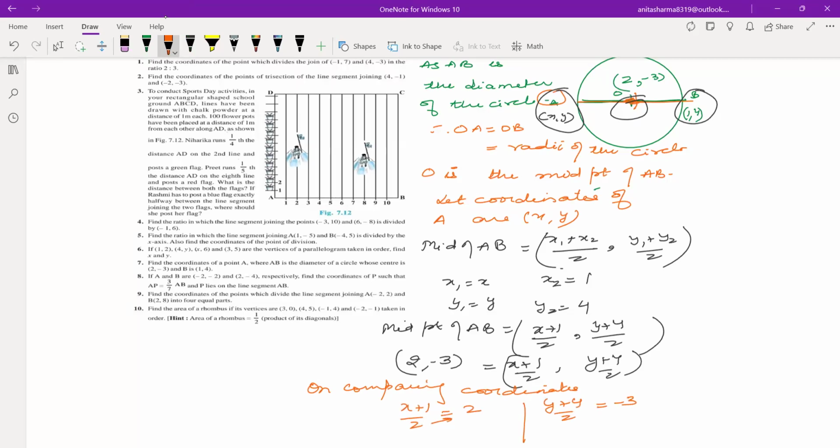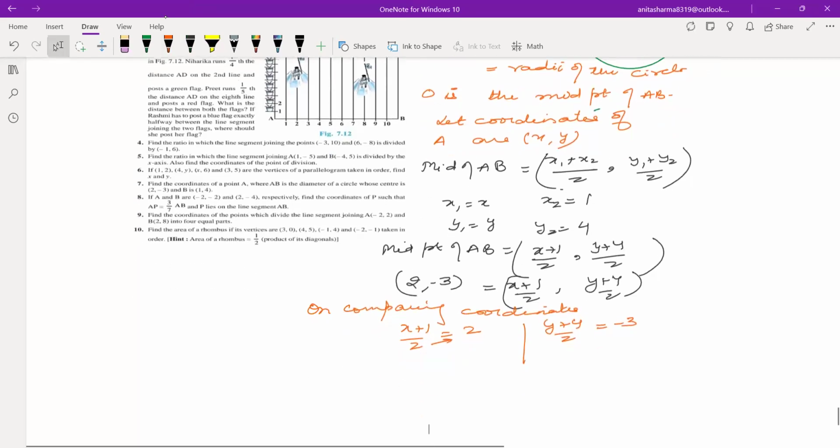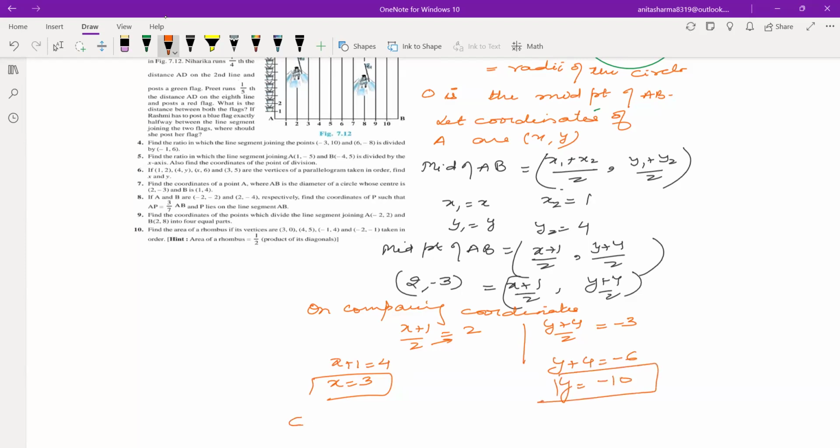Now cross multiply, beta. Then it will be x plus 1 is equal to 4 and the value of x will be 3. And in the same way, y plus 4 is equal to minus 6 and the value of y will be minus 10. Understood, beta? So the coordinates of point A are 3, minus 10.